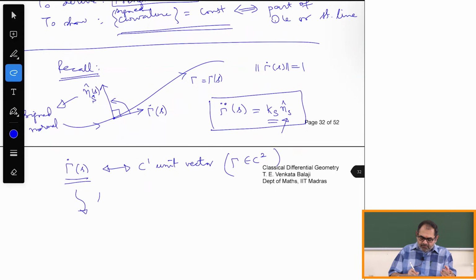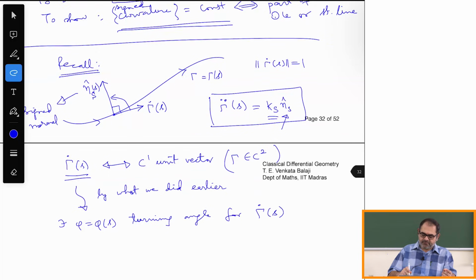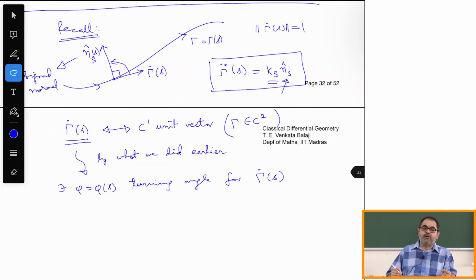So, by what we did last time, there exists phi equal to phi of s, a turning angle, for gamma dot of s. Okay, so that is a turning angle. And what is the definition of turning angle? Using that turning angle, you can write cos of that, sine of that.